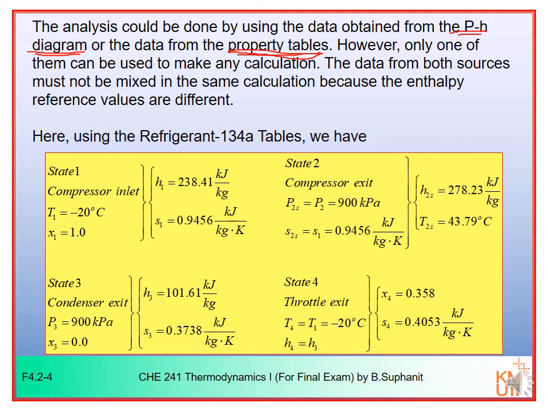For example, if you take enthalpy from some point from the diagram and the other point from the property table, that would be a big mistake. Okay, the result will not be correct. So you must be aware of the consistency of the data source that you are using. Okay, you should not mix them.